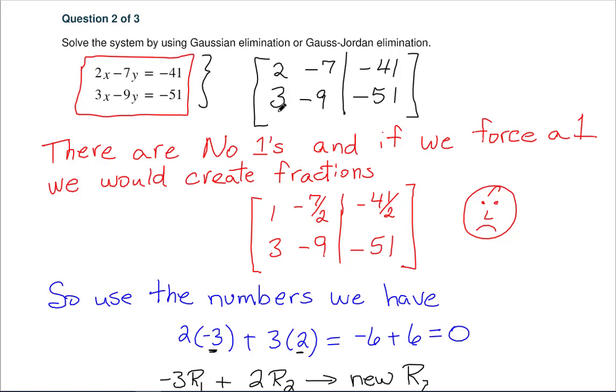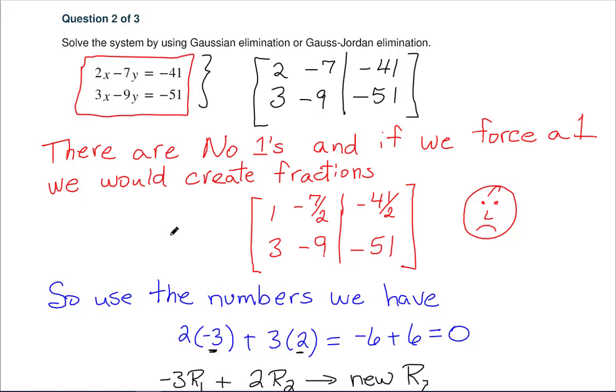Well, it's not as easy as the first question, where I could just swap out the rows. They might say, well, you can make a 1, divide the first row by 2, or divide the second row by 3. The problem is, if I did that, I'm going to end up forcing a fraction. I'd really rather avoid fractions if at all possible.